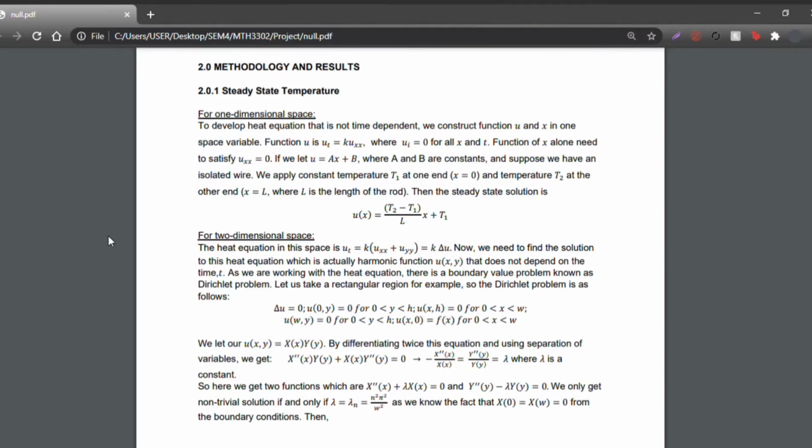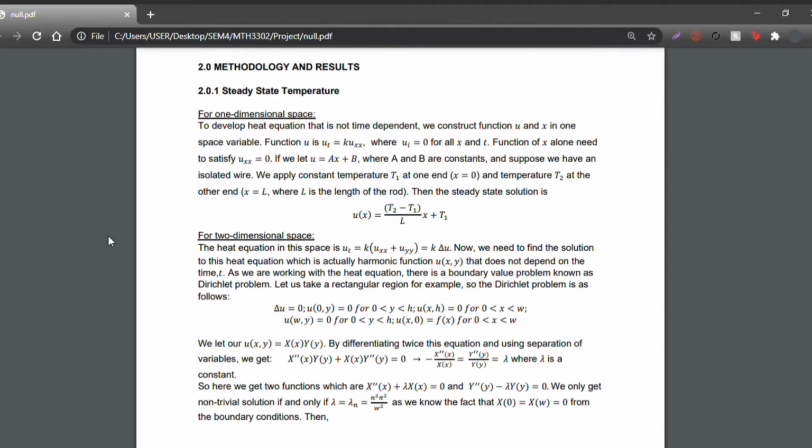For one-dimensional space, to develop the heat equation that is not time dependent, we can construct a function u of x and t in one space variable, where u_t is equal to k u_xx, for all x and t. Meanwhile, a function of x alone needs to satisfy u_xx equal to 0.